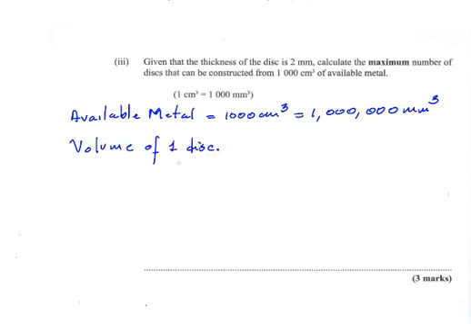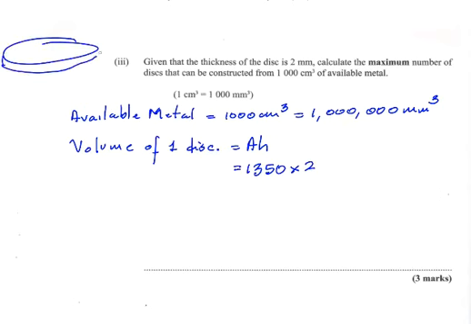Volume of one disc would be equal to A times H, where A is the area of the cross section and H is the height. The area of the cross section was 1350. We got that from the previous section of the question. And the height of the disc, or thickness in this case, is 2. All right. Let me get just a quick sketch of the idea of this disc. So something like this.